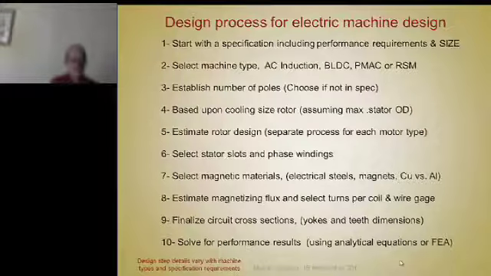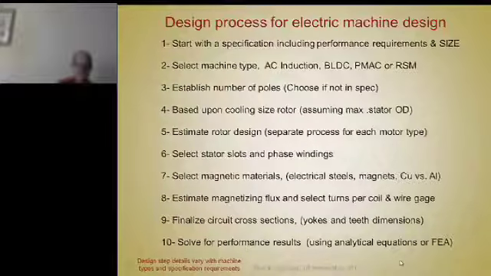Let's see, I'm looking at other. The number 6 here, select the number of stator slots and the phase winding. That's an important step that requires a clear understanding of what the choices are and why you pick the ones you pick. Many times the number one criteria is performance. If you want the highest performance machine, then you would use an integral slot per pole per phase.